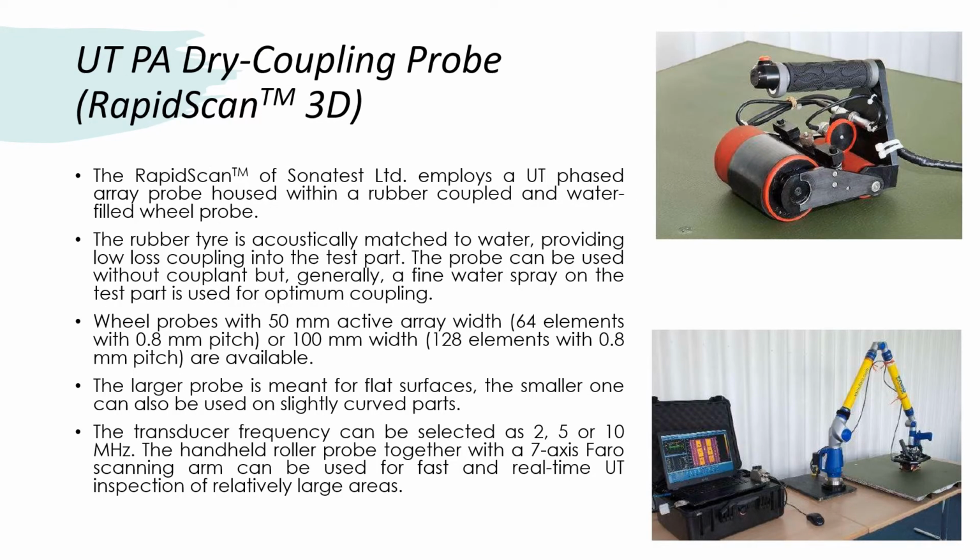Next is the UTPA dry coupling probe, that is the Rapid Scan TM3D. The Rapid Scan TM of Sonaspection Limited employs a phased array ultrasonic test probe housed within a rubber and water filled wheel probe.